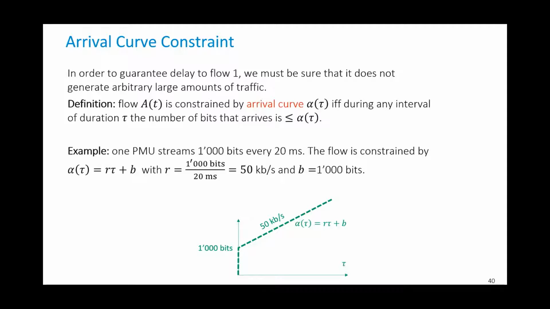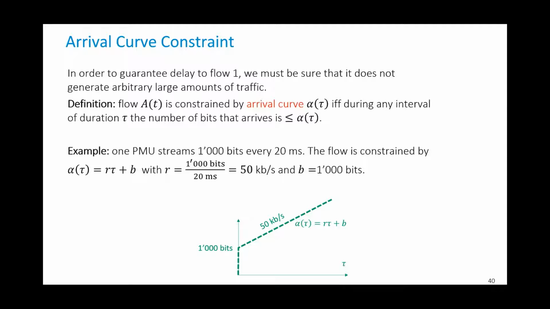This is when one packet is sent. But before sending the next packet, you will need to wait for a time that I can calculate here, which is 1000 bits every 20 milliseconds. So it's a slope of 50 kilobits per second. So I know that the second packet will not come before the time it takes for this slope to reach 2000 here.